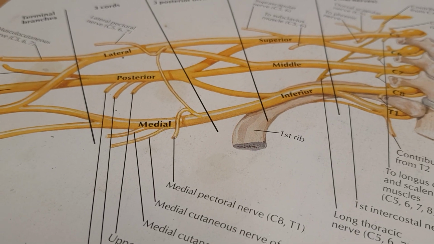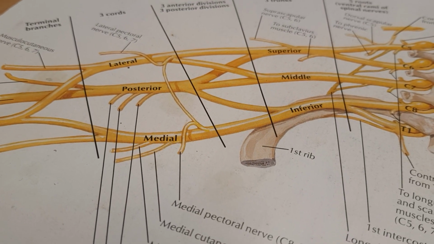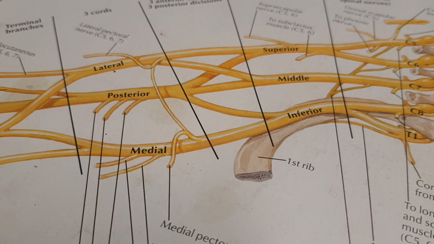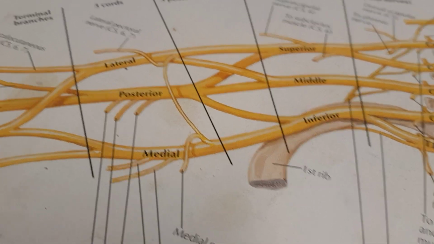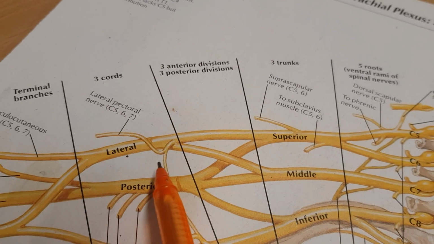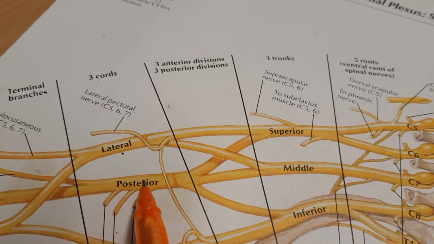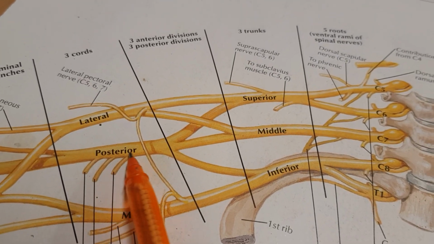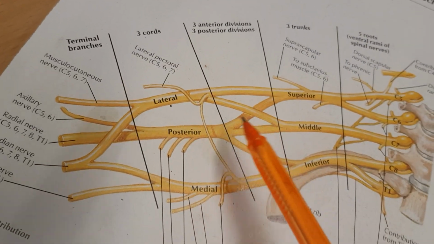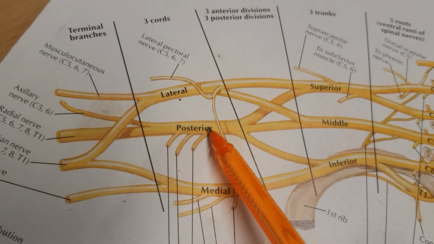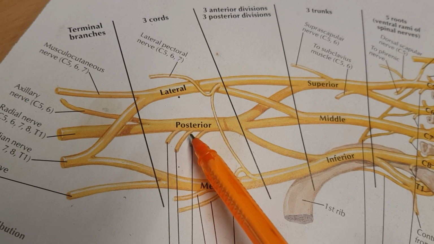Right, we have these. Let's take the posterior cord first, because these 3 nerves are similar. That is the lateral cord, that is the medial cord, and that is the posterior cord. When we look at this posterior cord, there are 3 nerves coming from it, and they have a similar name.